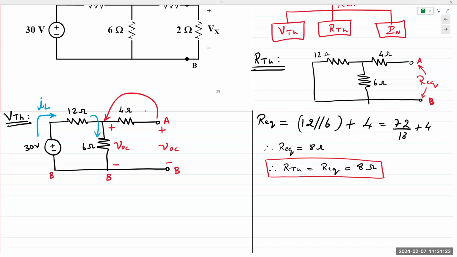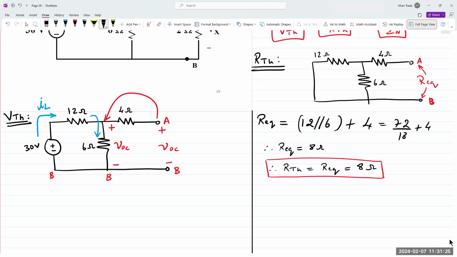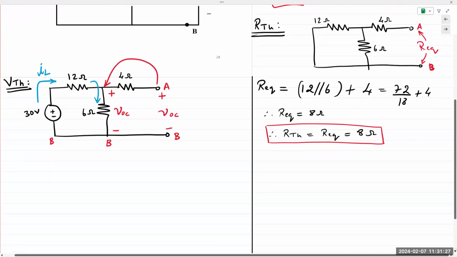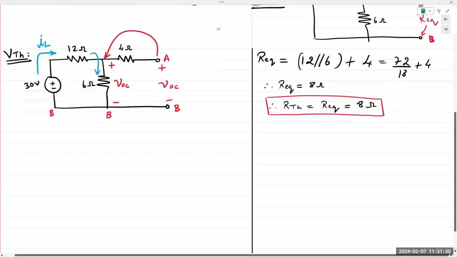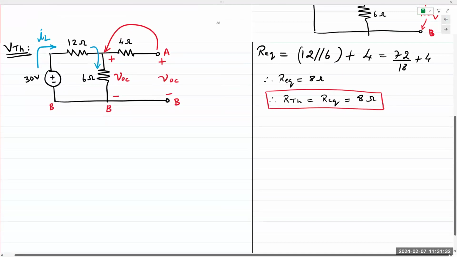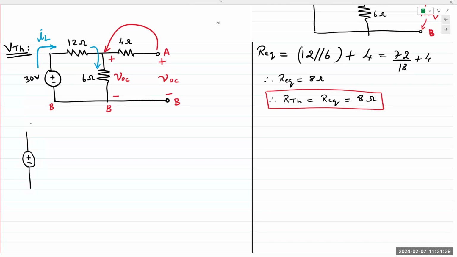I can redraw the circuit in this manner. So I have a 30-volt source. This is 12 ohms.